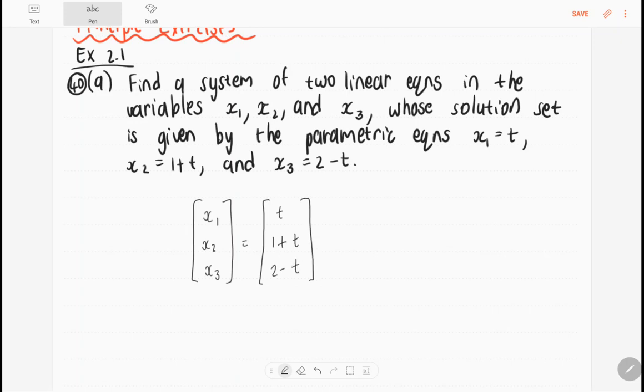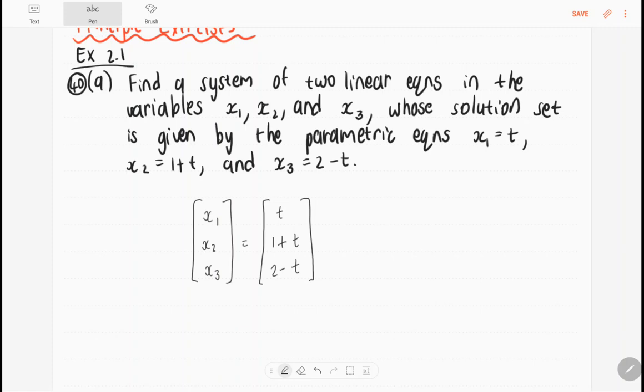What we can see here is that x1 is our free variable, since it was set equal to a parameter t, and then x2 and x3 are both leading variables written in terms of our free variable, which is x1, equal to t. They ask me to find a system of two linear equations.